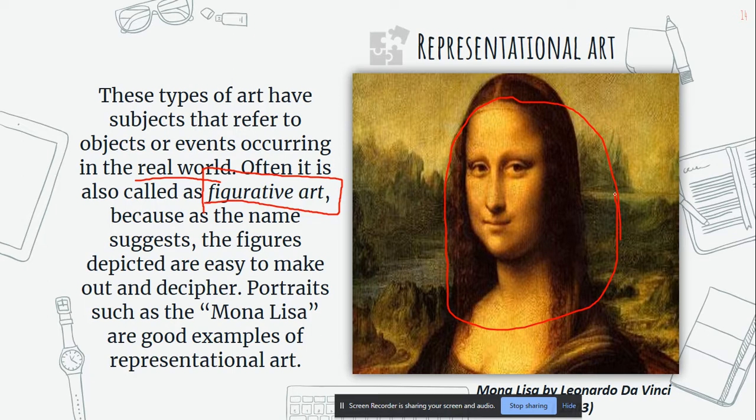Representational art is very easy to decipher because it's just something that is present in the world. So let's proceed to the next one.